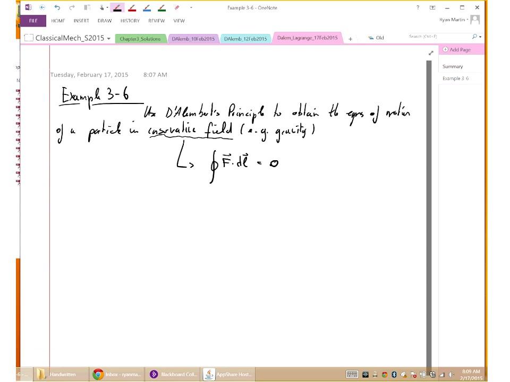So if you have a force from a conservative field, you can write the force to be minus the gradient of what we typically call a potential.